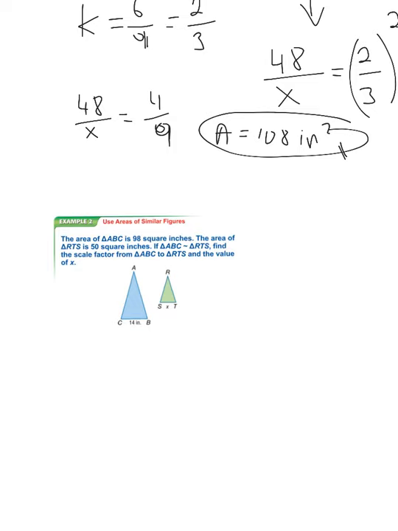The area of triangle ABC is 98 square inches. The area of RTS is 50 square inches.